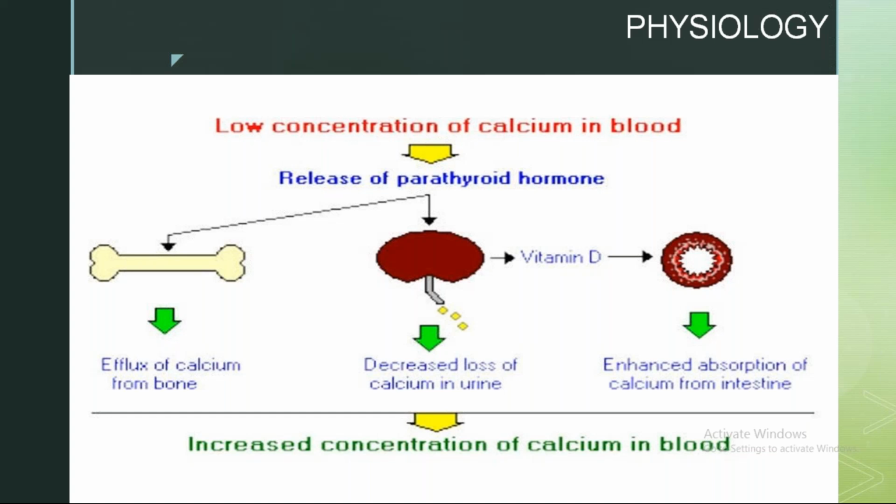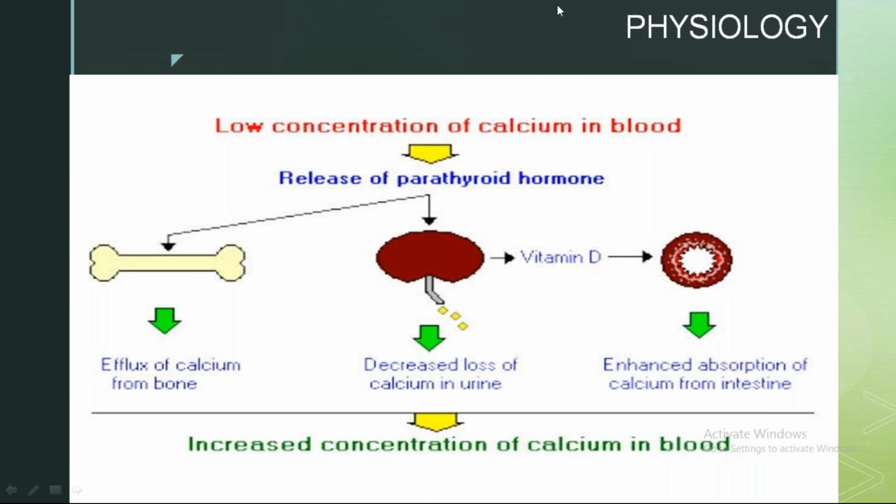It travels through circulation and reaches the liver, where it gets hydroxylated at the 25 position. This 25 hydroxyl vitamin D then reaches the kidney. Then the second hydroxylation, at the 1 alpha position, takes place, and the resultant active form of vitamin D, calcitriol, is formed. It also decreases the loss of calcium in the urine.